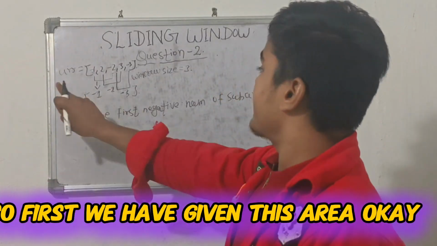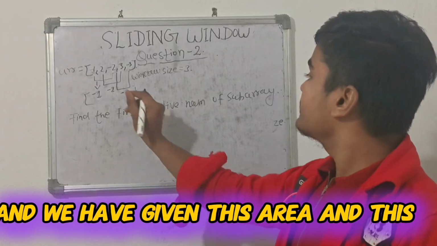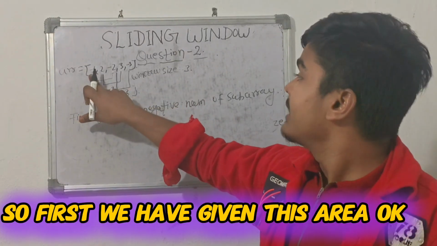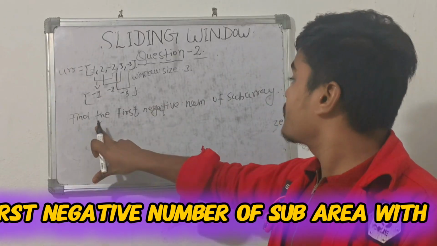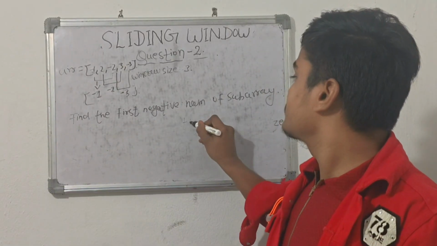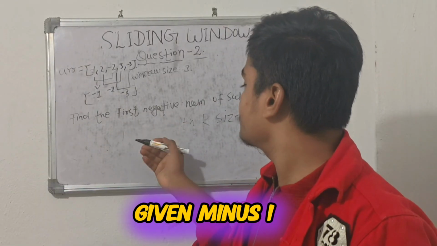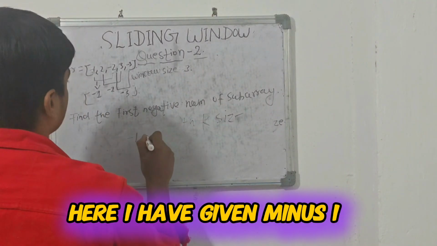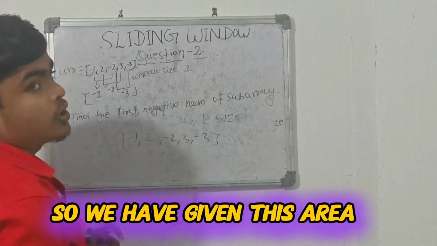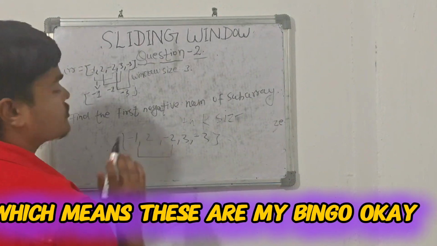First, we are given this array with window size k, and we have to find the first negative number of each subarray of size k. Here we have -1, -1, 2, -2, 3, 3. So my first negative number is taken within each window.